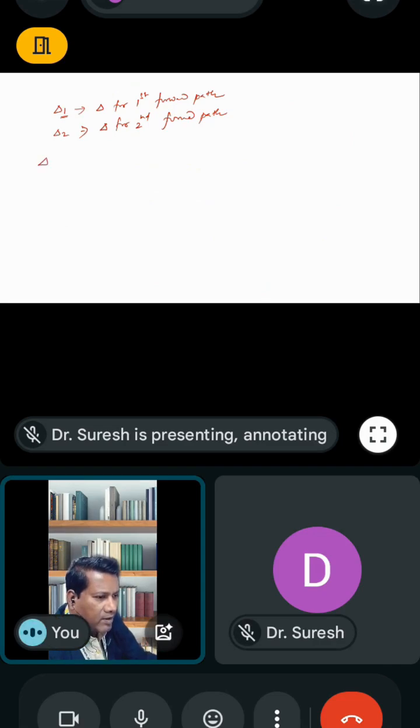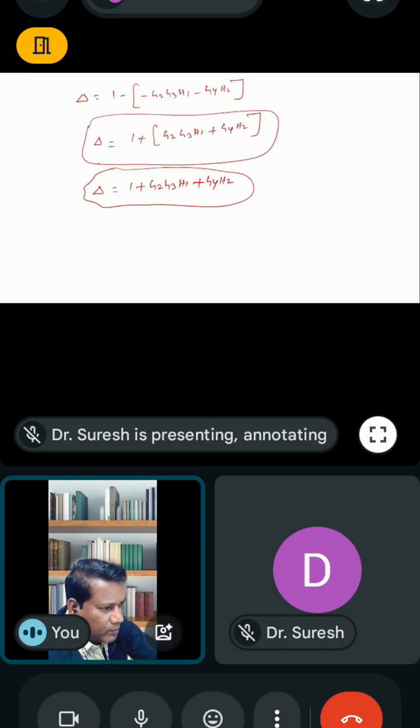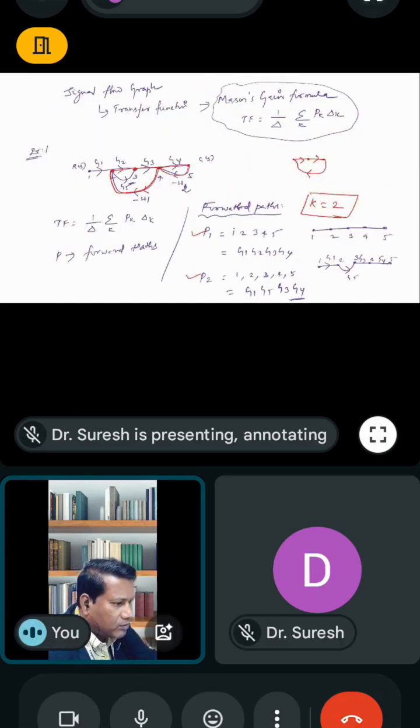So for del 1, consider the first forward path, which consists of nodes 1, 2, 3, 4, 5. We check if any part of the graph is not touching the first forward path. We have two loops, 2, 3, 4, 5, 2, 3, 4 and 2, 4, 5, 4. Both loops are part of the forward path.